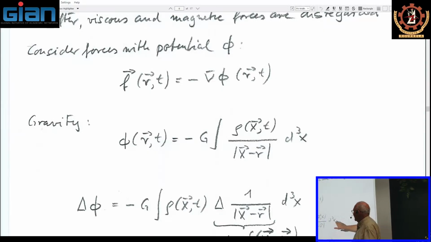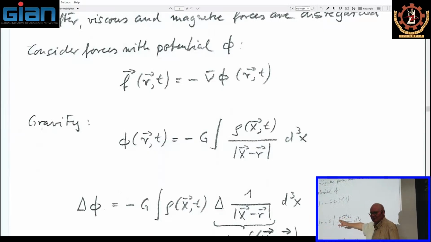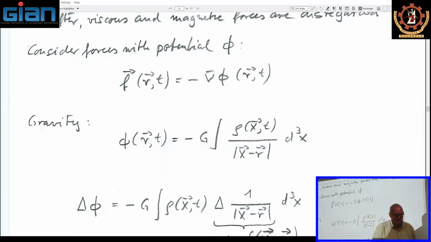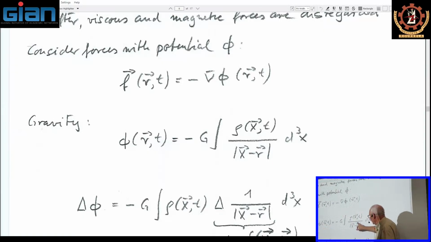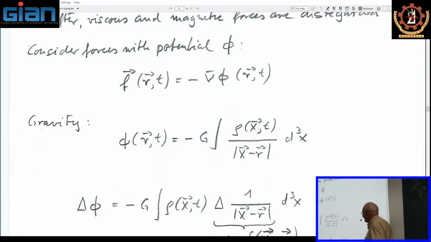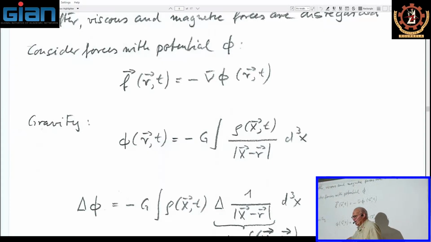This integral has to be taken over x, whereas the potential depends on r. So r appears only here. The rest of the variables in the integral depend on position x. Now we take the Laplacian operator acting on the gravitational potential.